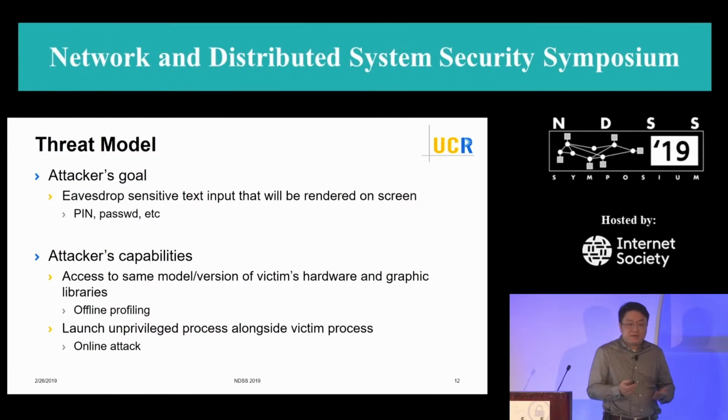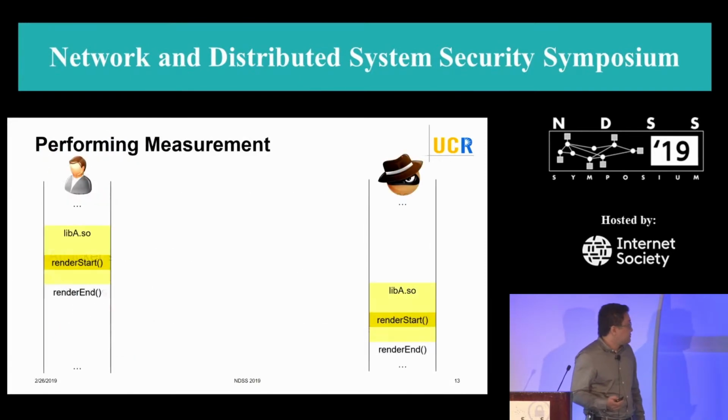In this way, the attacker can simulate users' input offline and study the behavior of the victim application and graphic libraries. The second assumption is that the attacker will be able to install unprivileged malware on the victim's device. So when the victim is about to enter some sensitive text, the attacker can launch a process around it.